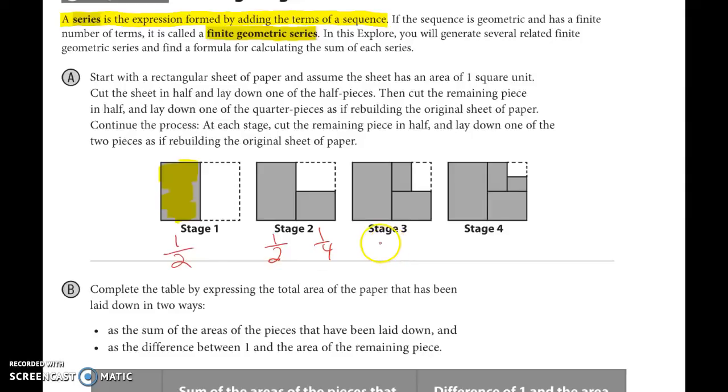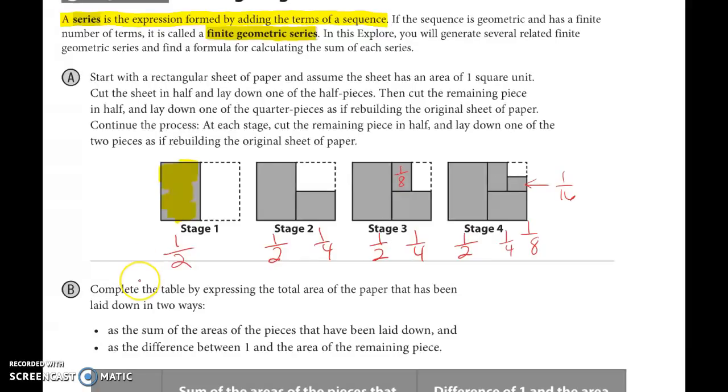For stage 3, we have the half, that fourth we have, and then we have this right here, which is an eighth of the whole sheet. And so we have that half we started with, the fourth we had, the eighth that we had, and then this little guy right here is a 16th.